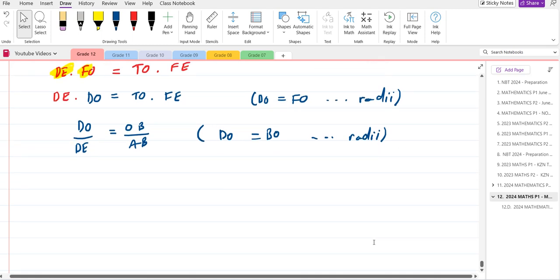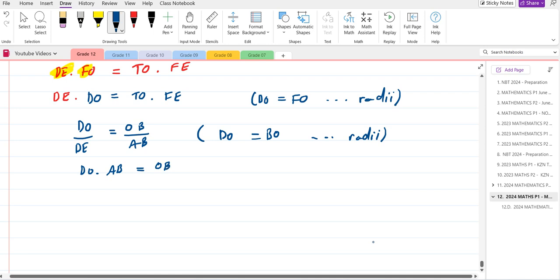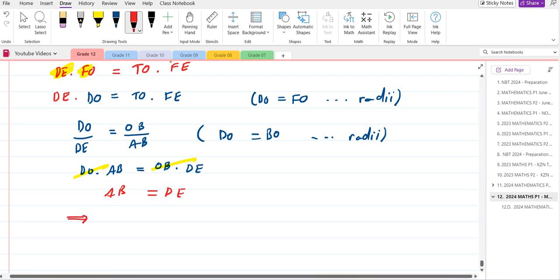So we can cross multiply here: DO times AB equals OB times DE. Now because they are radii, DO and OB cancel out because they're equal. So now we got AB is equal to DE.